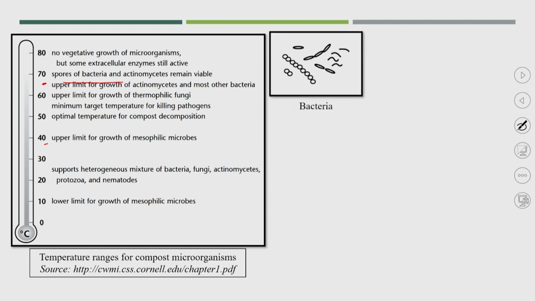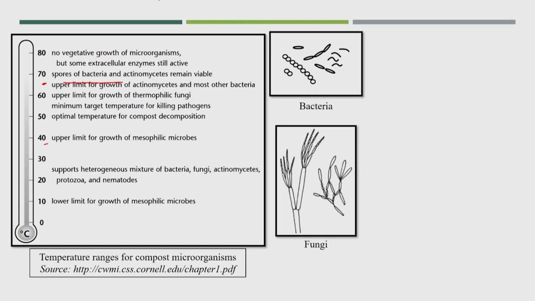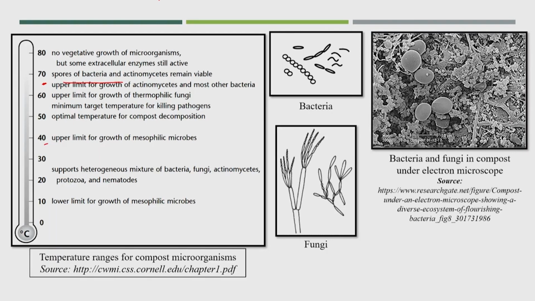So, what are the different microbes? The major microbes in the composting process are first bacteria, fungus, and finally actinomycetes.